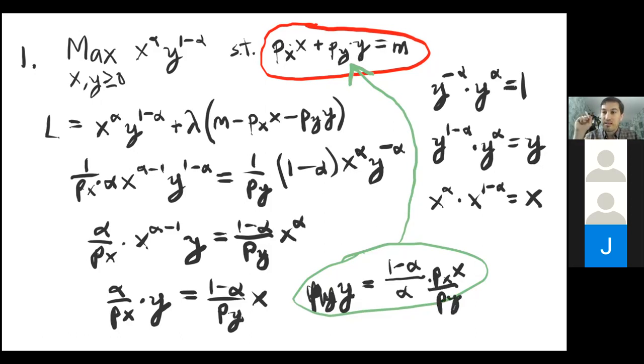Then once you plug it into that red thing, the py's will cancel out. See how it doesn't matter? Yeah, and certainly on your homework, if you did it that way, I'm not going to take off. I'll say, oh good, you also did it the right way, so it doesn't matter. What matters is, what do we get after we plug it in?